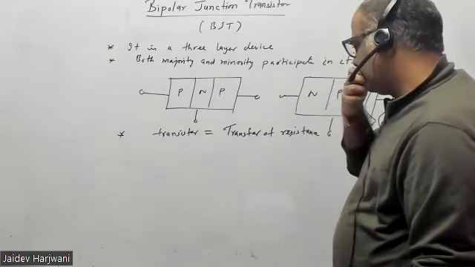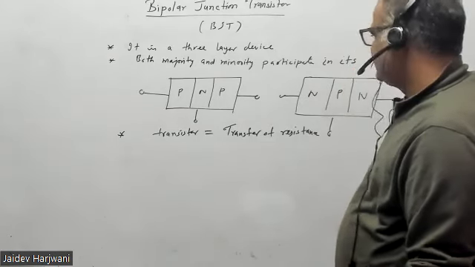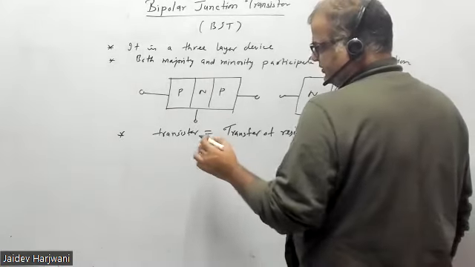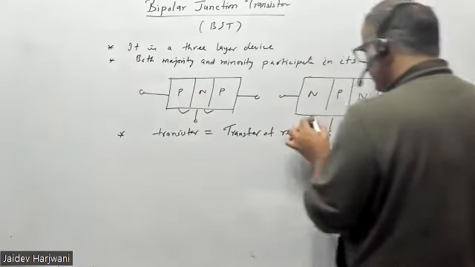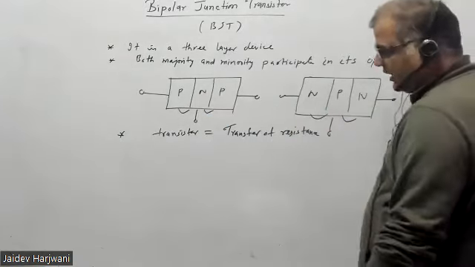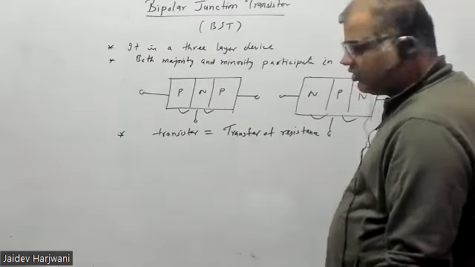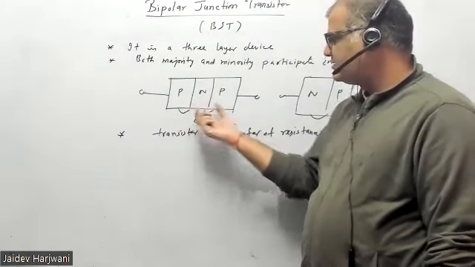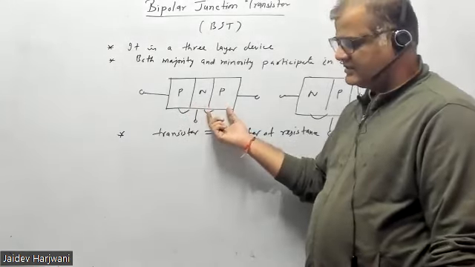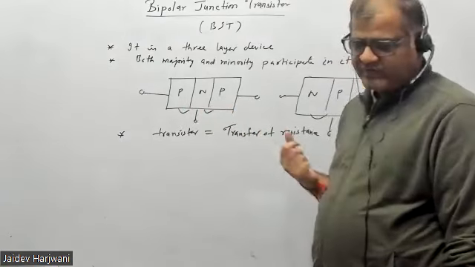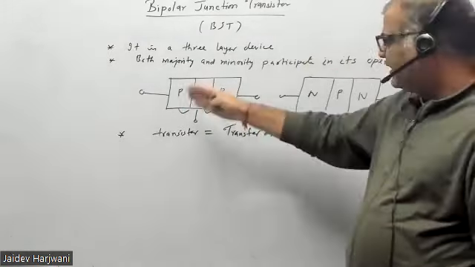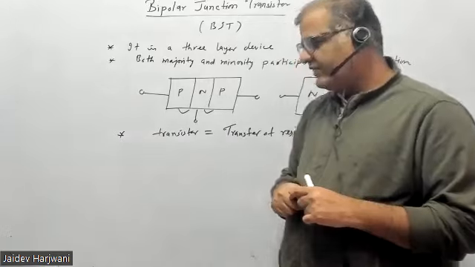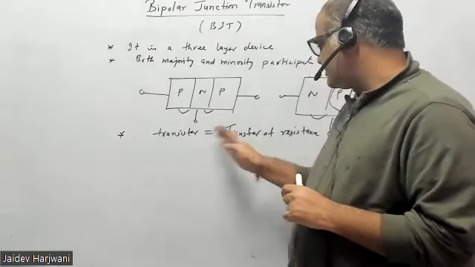Transfer resistance means there are two junctions in this device, and these two junctions can be connected four ways. I can make this junction forward bias, this forward bias; this reverse bias, this reverse bias; this reverse bias, this forward bias. So in four manners I can give the biasing to these two junctions. When I give the biasing to the junctions, there is a transfer of resistance.